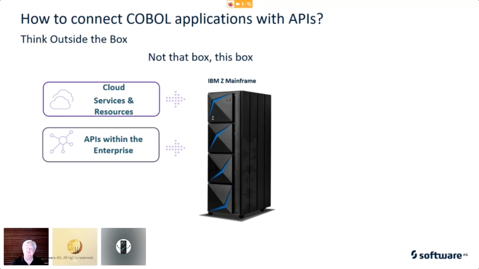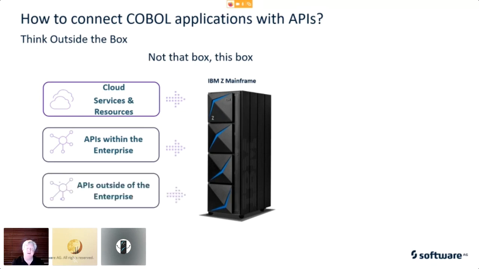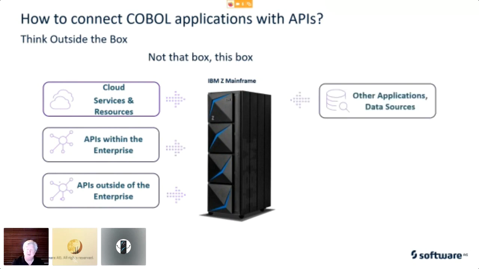There's a lot of valuable stuff that you can connect to from the mainframe. There are APIs outside of your enterprise, whether it be your vendors, your partners, those kinds of things. Think about connecting to those. Other applications and data sources, both within and external to your enterprise.